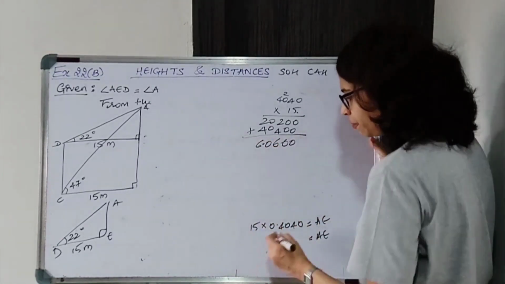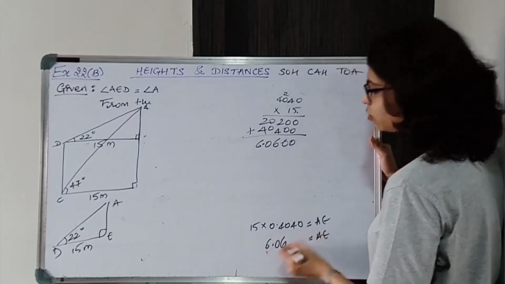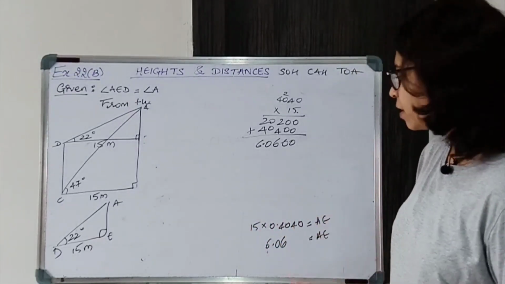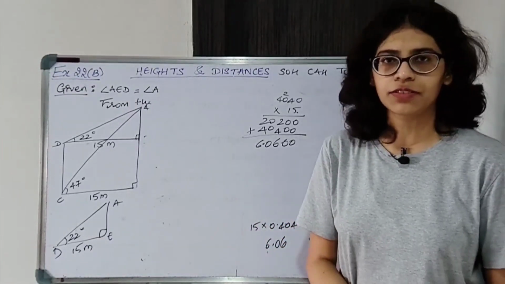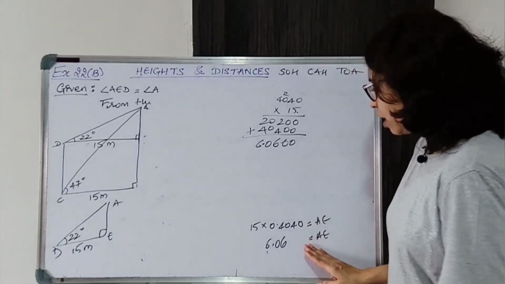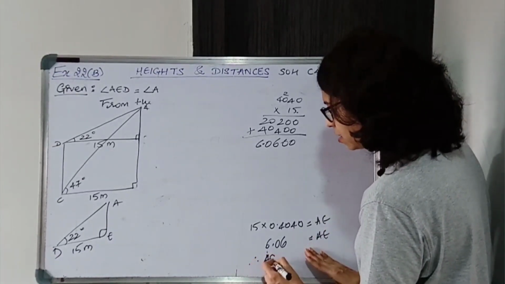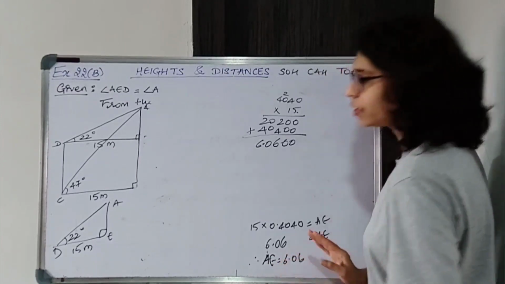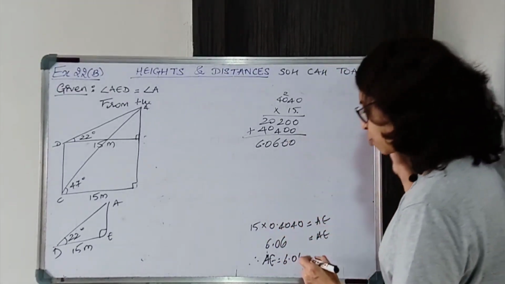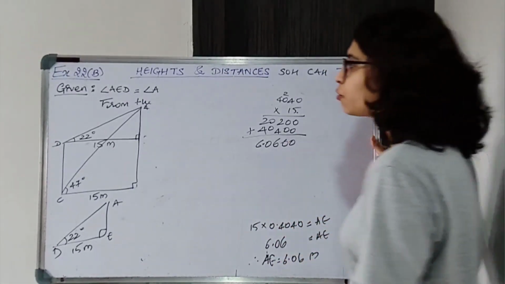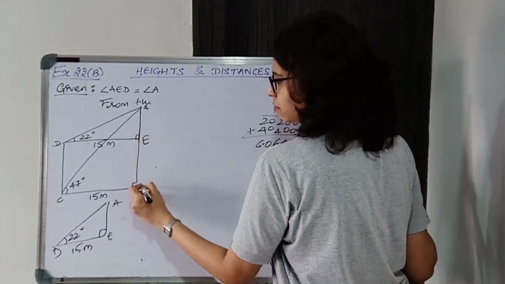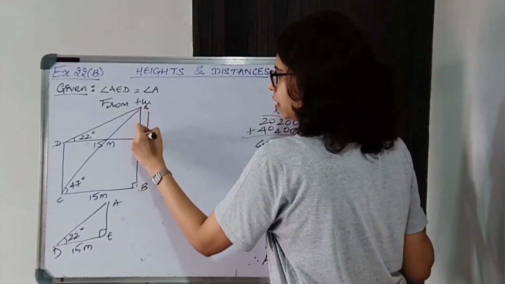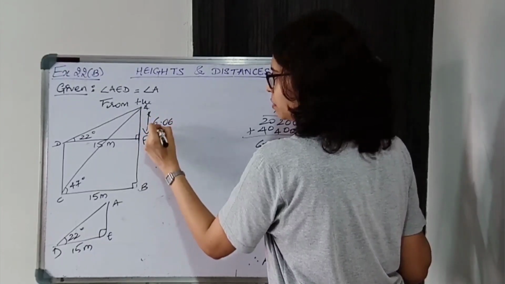So we get 6.0600. That does not matter, the 0 afterwards does not matter. Therefore AE is equal to 6.06 meters. So don't forget the correct unit. So we found AE, it is 6.06 meters.